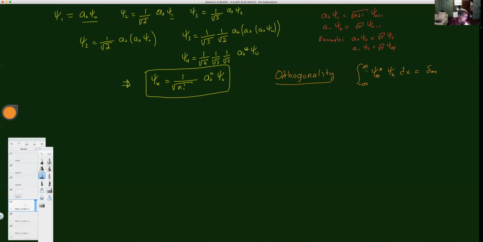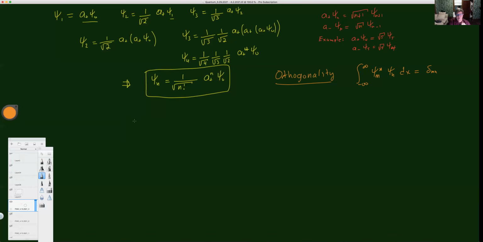And the second part of the worksheet, I believe it was part of one of your tests or quizzes, where we wanted the P operator and the X operator written in terms of A plus and minus.